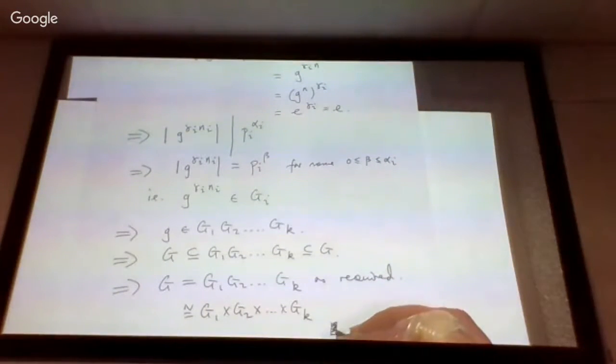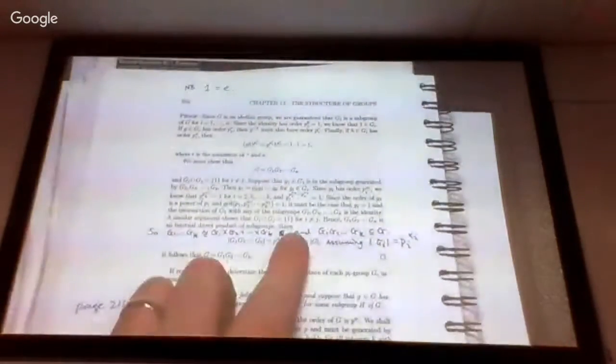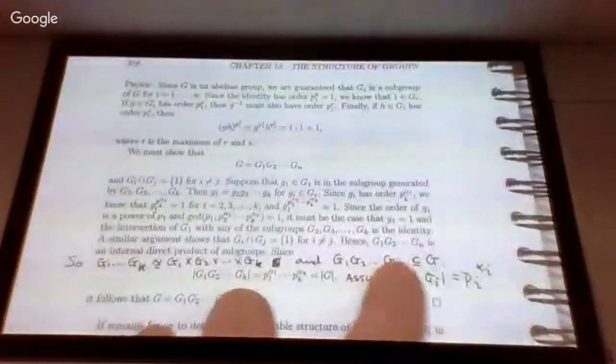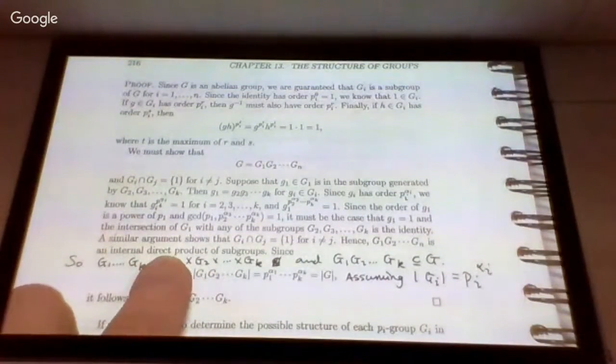So that's the gap, that argument that wasn't included in the version of the proof we have in the notes. Because in the notes, he gets to this stage here. So here, he concludes that the product of all the G_i's is an internal direct product.